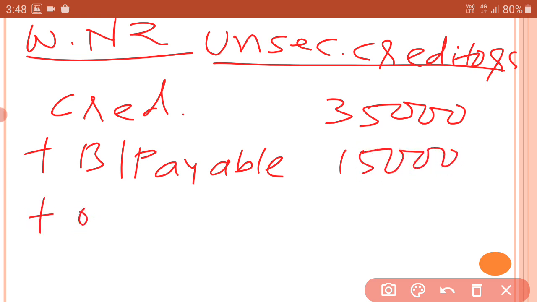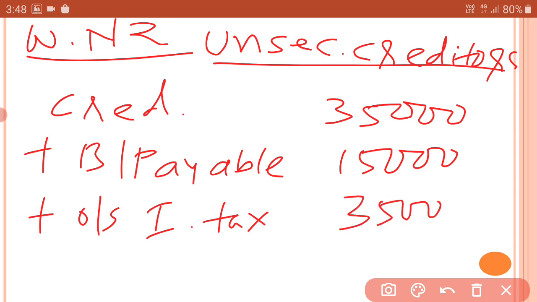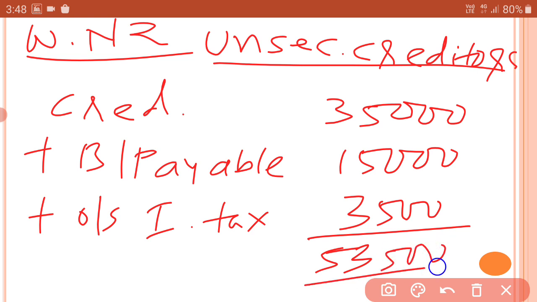And third one is outstanding income tax, 3,500. The 2009-10 income tax is outstanding because of the last 12 months limit. So total is 53,500. 53,500 is unsecured creditors. Working note 2.